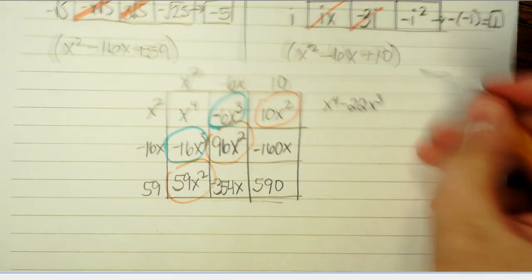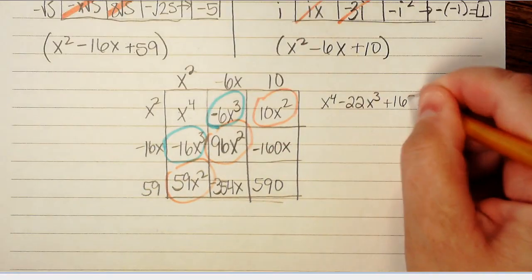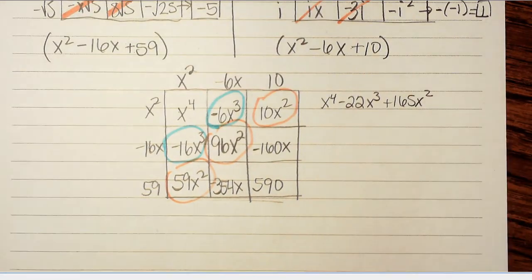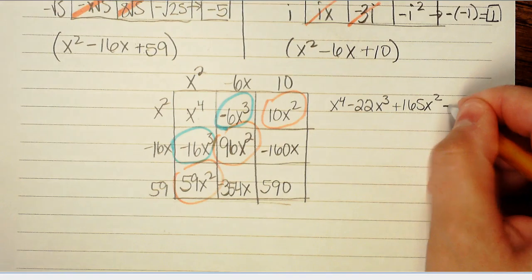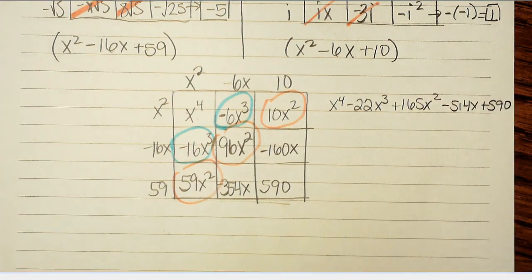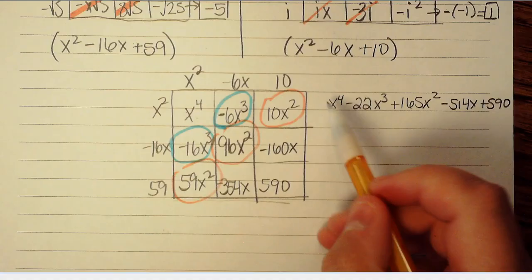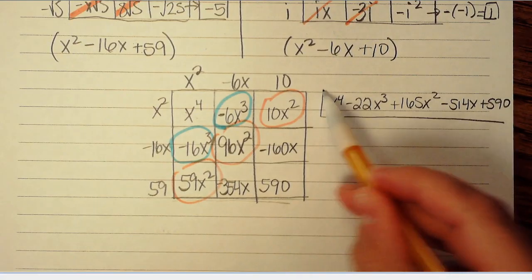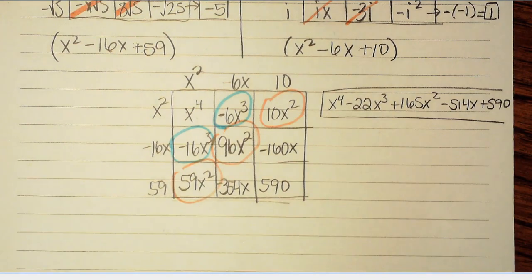So when I added those all up, I got 165x squared. Okay, now I got negative 354 and negative 160 for my x's, so this is kind of a big number. Negative 514x, and then plus 590, nothing else to combine that with. I know that's really long, but that's ultimately what we're looking for, the polynomial with those given roots.